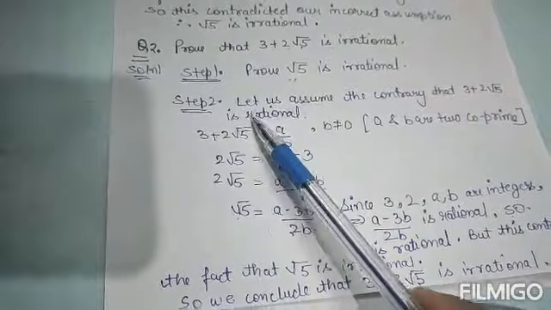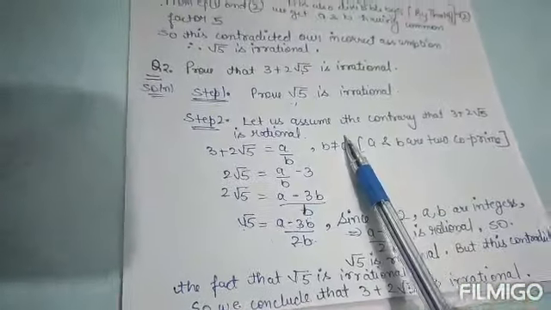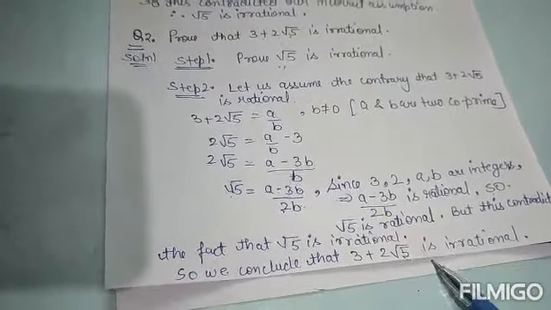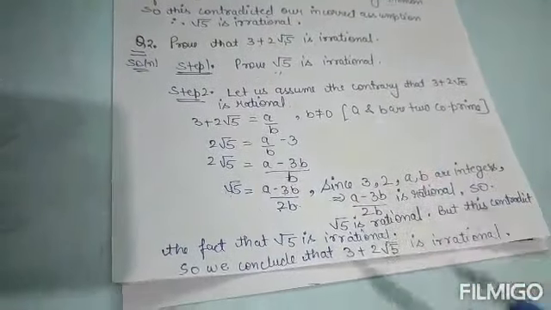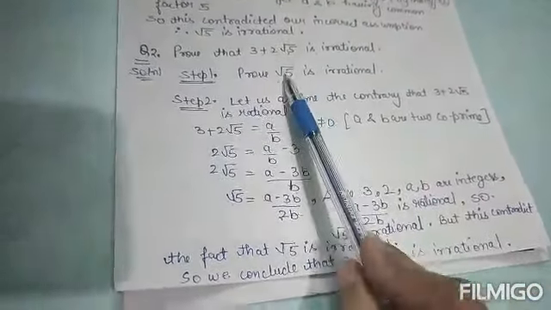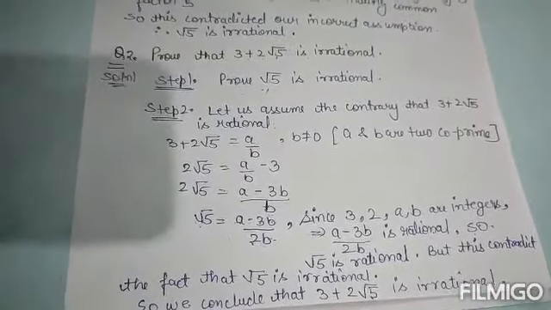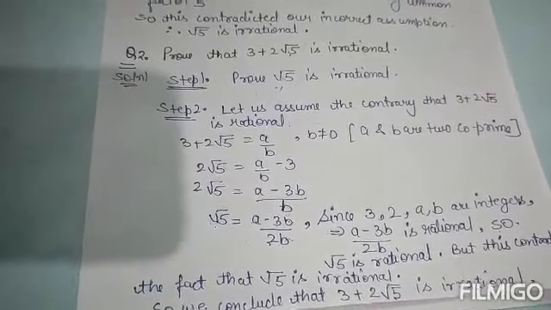Now in our next step, we have to assume this as rational. Then the whole procedure you know. This will contradict this one, and this is how we will prove that 3 plus 2 square root 5 is irrational. So there will be 2 steps.